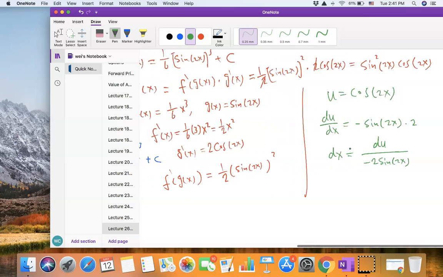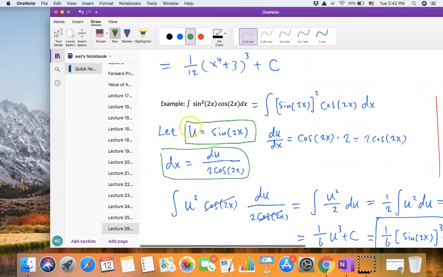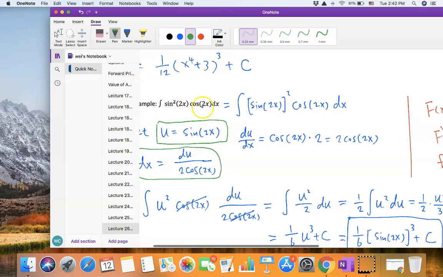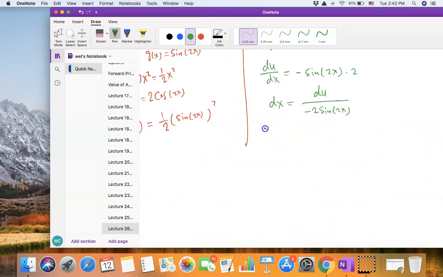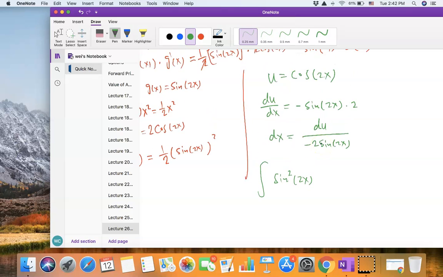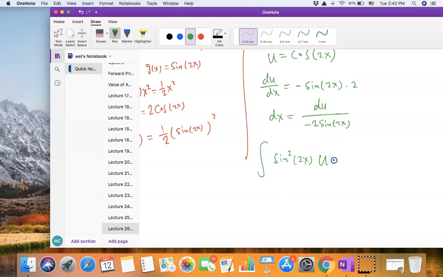Okay, now in the original integral, cosine of 2x is replaced by u. So here we have the sine squared of 2x, cosine of 2x is replaced by u, and the dx is replaced by du over negative 2 sine of 2x. Okay, now we can cancel out one sine of 2x.